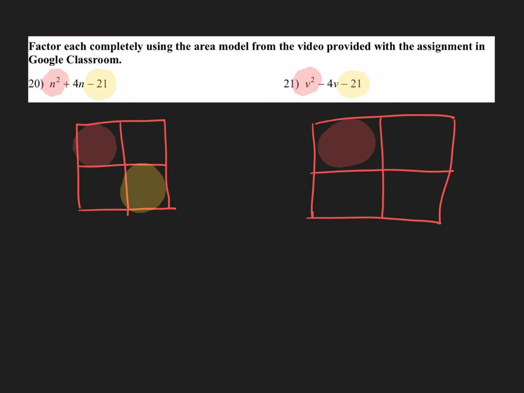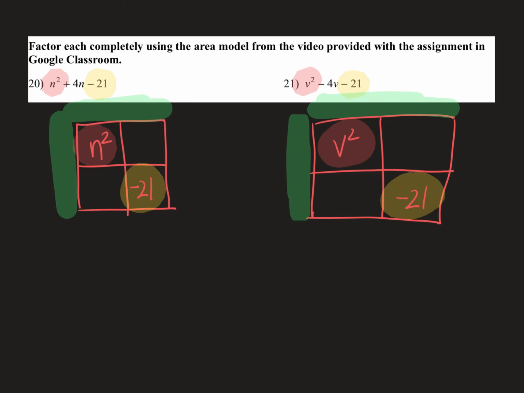Let's do that now. So n squared, negative 21, b squared, negative 21. Now, our answer, our factorization, is going to be on the outside.